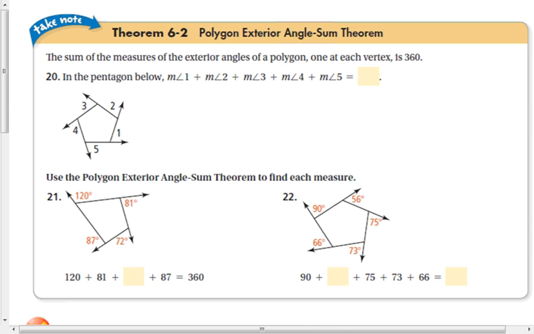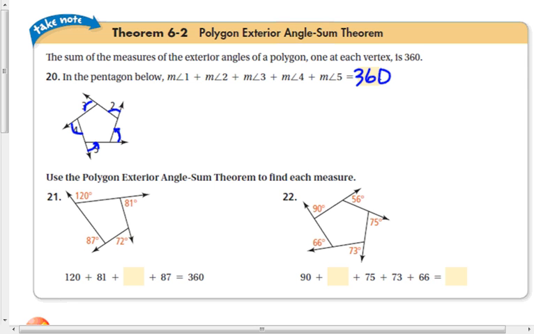All right, another related theorem is that the sum of the measures of the exterior angles of a polygon, one at each vertex, is 360. This diagram shows you that. Think about going around, how many degrees you're turning each time. If you do it all, you end up where you started, and so that's 360 degrees.